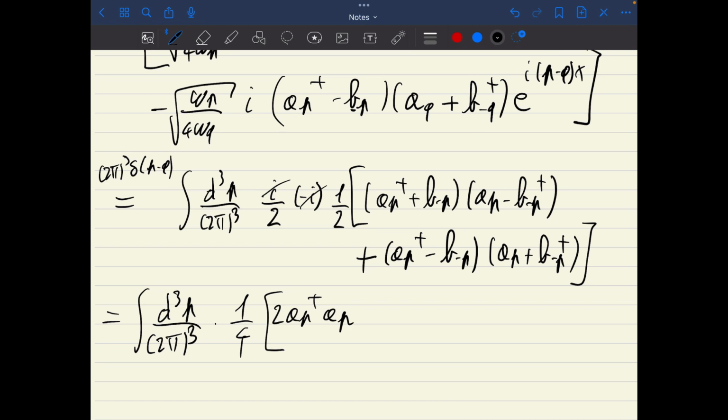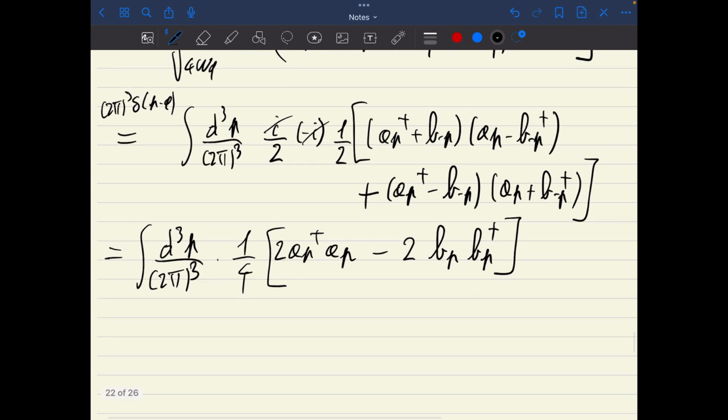And we have minus 2 B minus P, B dagger minus P, but I can make a change of variable and have B P, B P dagger. And the cross terms just vanish as well, because the operators commute. So that's not a problem here.